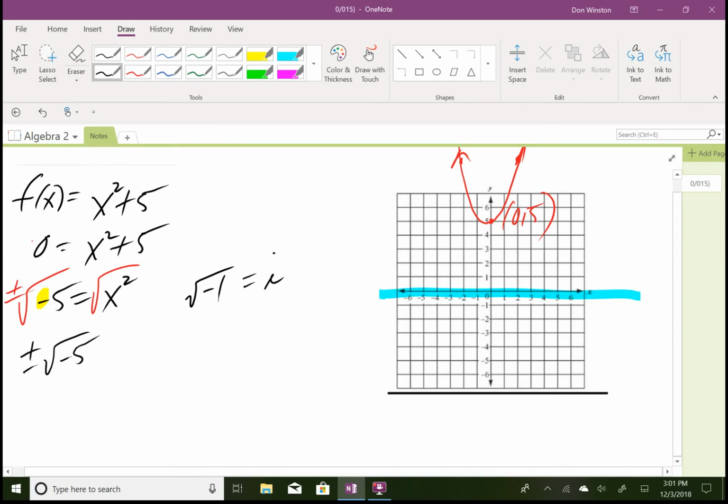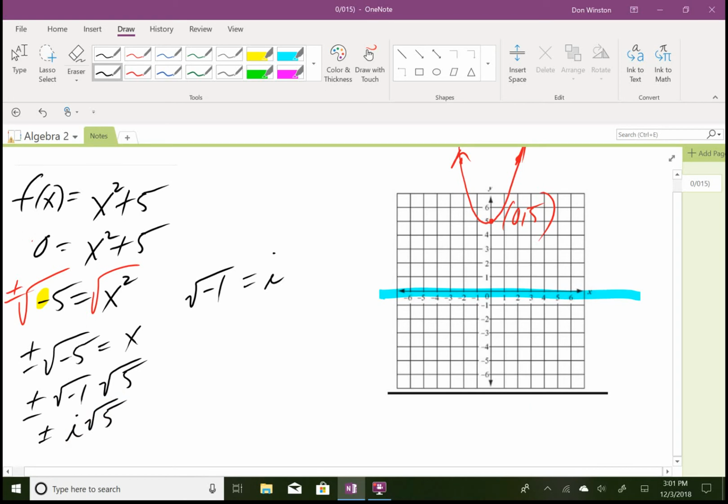So I can write my solution this way: plus or minus the square root of negative 1 times the square root of 5, or plus or minus i times root 5.